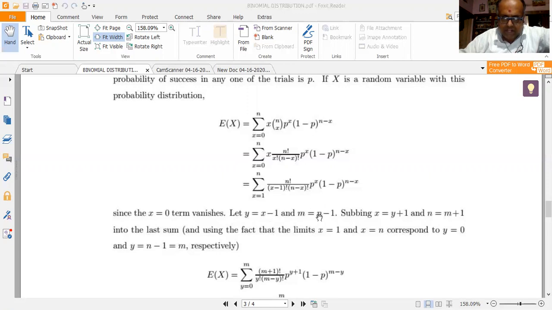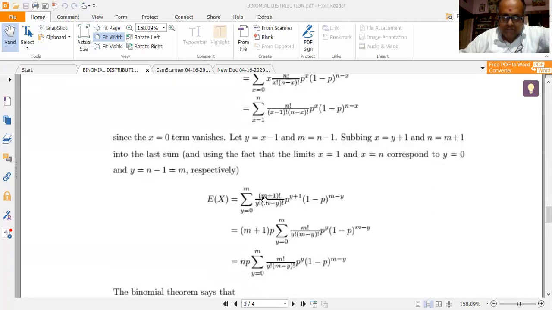Now, m is equal to n minus 1 means I can also write n is equal to m plus 1 by transposing minus 1 to the left hand side. So when x is equal to 1, y is equal to 1 minus 1 equal to 0. When x is equal to n, y is equal to x minus 1 equal to n minus 1, which by the other substitution is equal to m. So the new summation values would be summation y is equal to 0 to m.